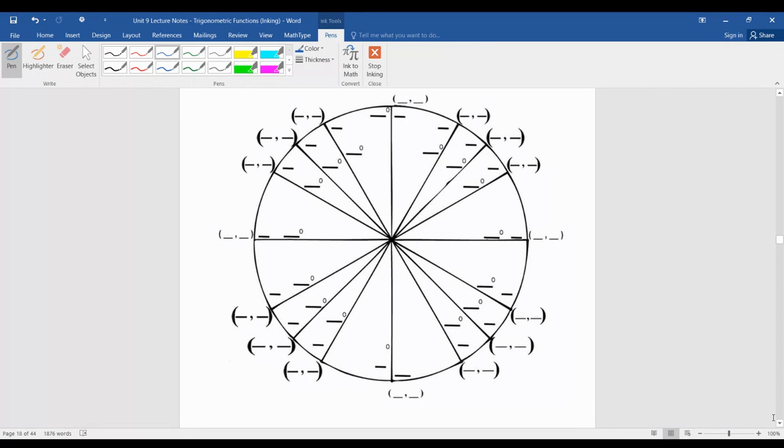We're going to start with the degree measure of those special angles. This is a unit circle, of course, whose radius is 1 unit.